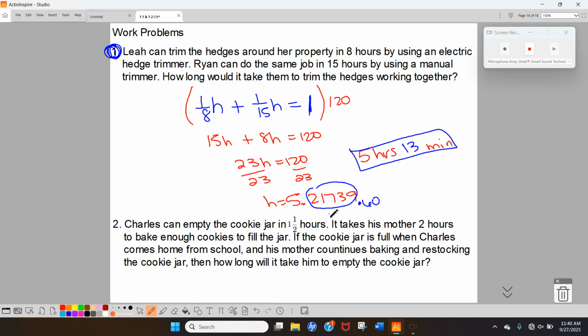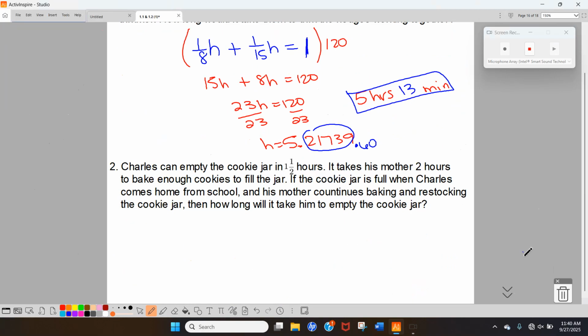All right, so number 2, Charlie can empty the cookie jar in an hour and a half. It takes his mother 2 hours to bake cookies to fill the jar. If the jar's full when he comes home and his mother continues baking and restocking, how long will it take him to empty the cookie jar? So we're going to take this from Charlie's perspective. So first of all, 1.5 is the same thing as 3/2.